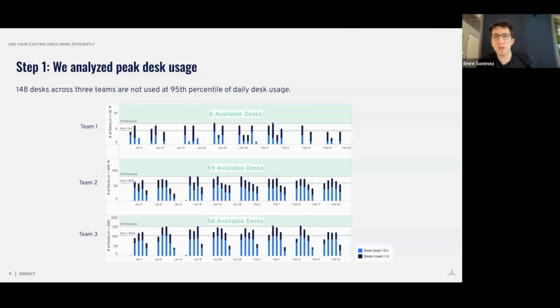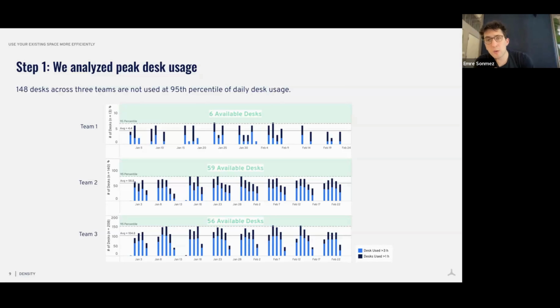Desk usage is one of the most fascinating things that we measure because the perception of a team and how much they use their desks and how they actually use it is rarely the same across all of the customers we work with on this type of analysis. And so what we're seeing here is 3 teams that are allocated between 20 desks for team 1 up to 200 desks for team 3 at the bottom.